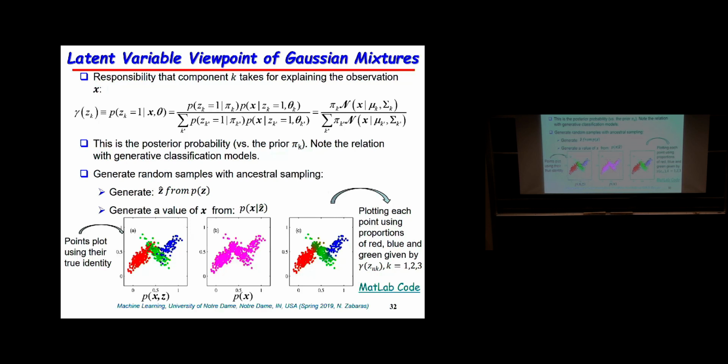But remember, the assignments done with this posterior responsibility are not hard assignments. You don't say this is 100% blue, 100% red. A point may be a little bit blue, a little bit red, and a little bit green. So when you assign colors in proportion to the responsibilities, you don't get this plot that contains the exact true identity of the points. You get something like that.